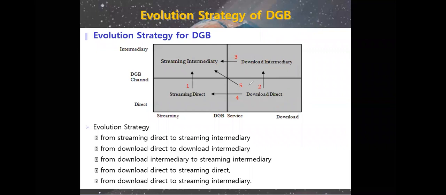So the last one, the fifth one, is from download direct to streaming intermediate. This is usually the best option, right? So you take the benefit of the intermediary brokers, and also the benefits of streaming. So this is the best condition for you.